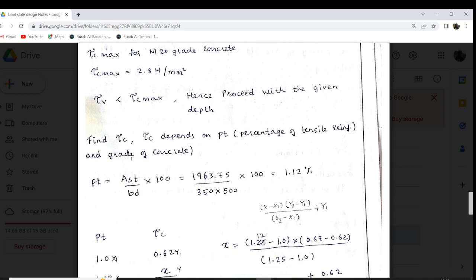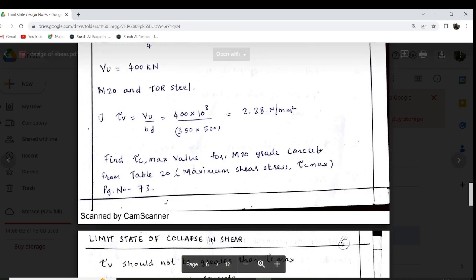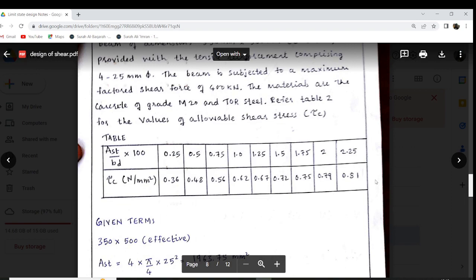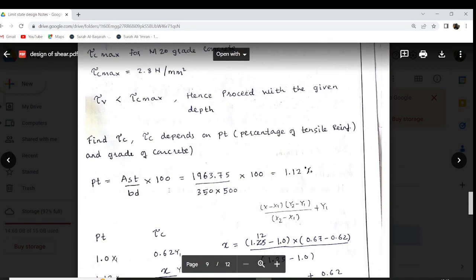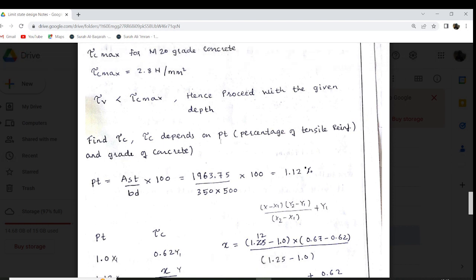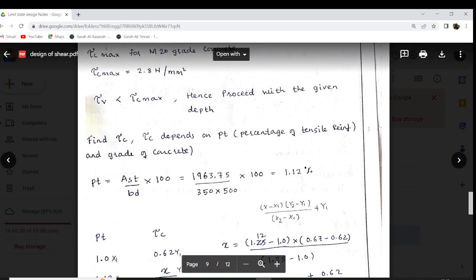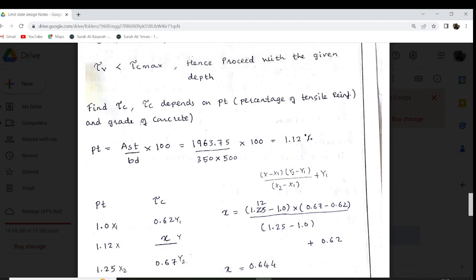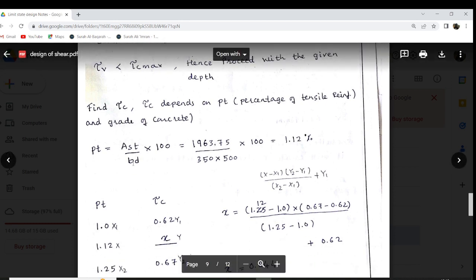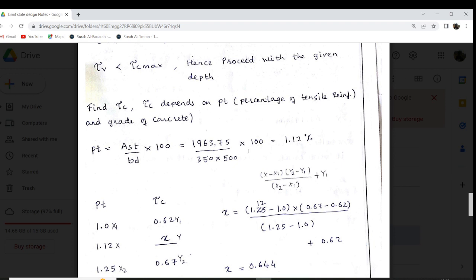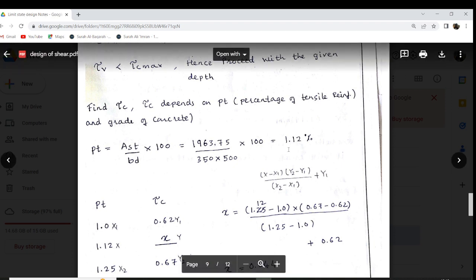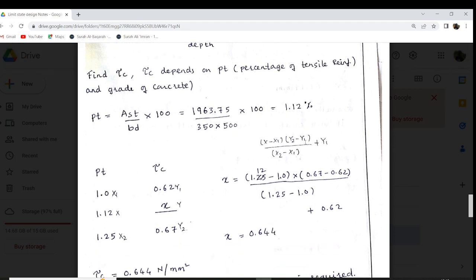Now what we have to do, we have to find tau c from table number 19, or they have given the table. From this table we have to find the value of tau c. Okay, already I have told you, it depends on percentage of tensile reinforcement and grade of concrete. So you have to find PT. AST already have calculated, AST by B into small d into 100. Okay, the percentage of steel is 1.12.